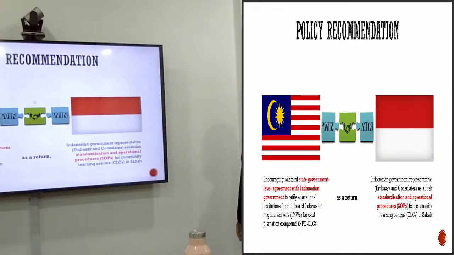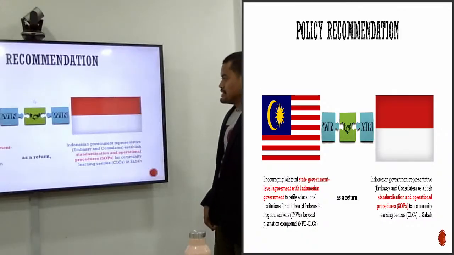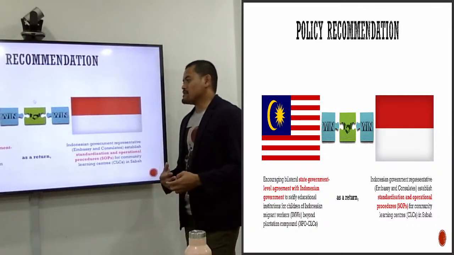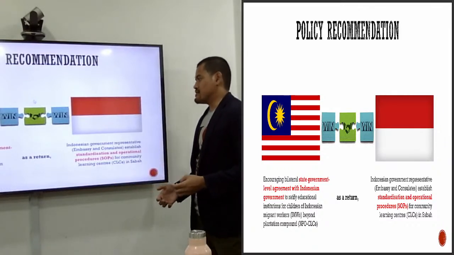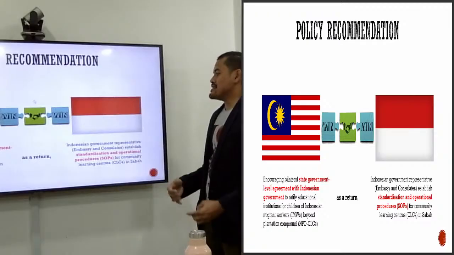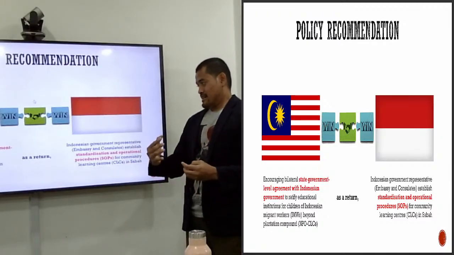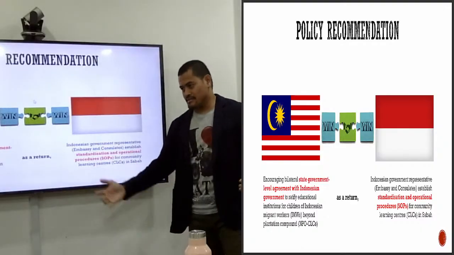With my policy recommendations based on my research, I find that the state government of Malaysia should ratify the institutions for the children of Indonesian migrant workers that are outside the plantation estates.